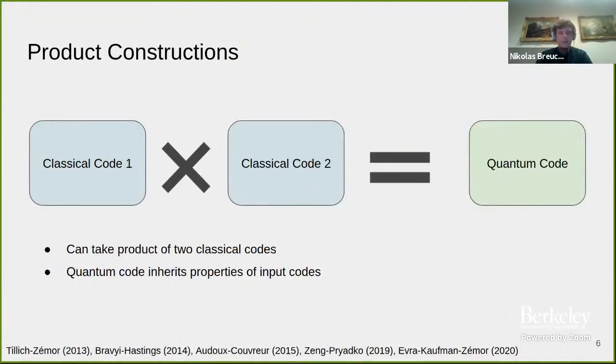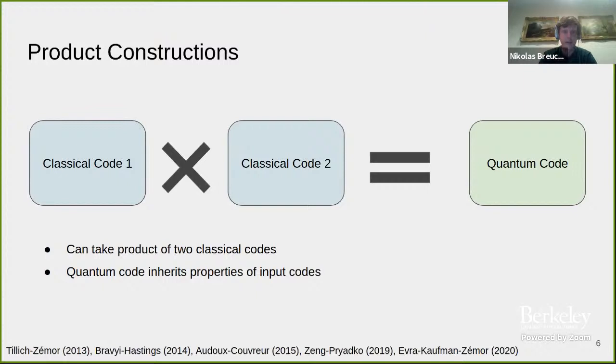Okay, so just to give you an idea of what this will be about. There are product constructions which take two classical codes as inputs, and they produce a quantum code. And the nice thing is that the quantum code actually inherits properties of the input codes.